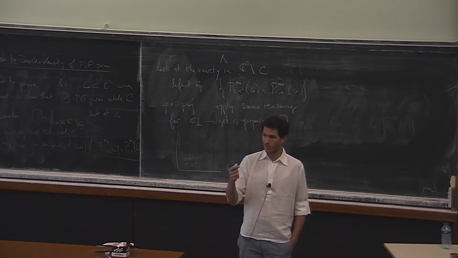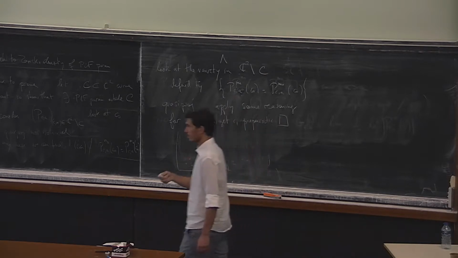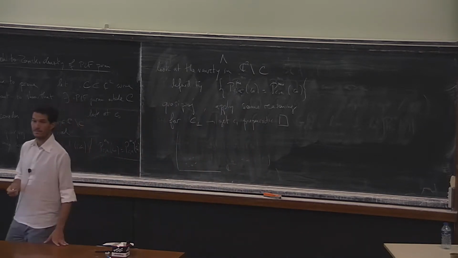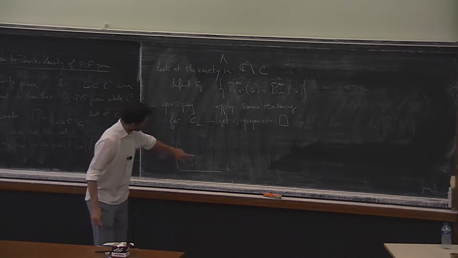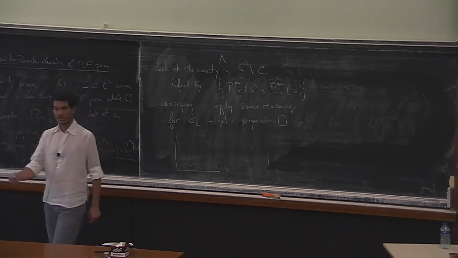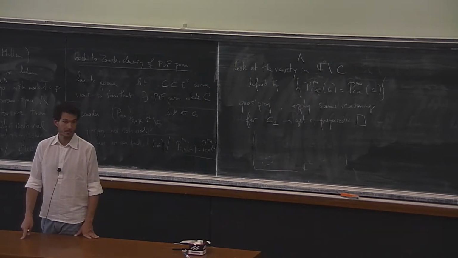So remember, the Mandelbrot set is the set of parameters where the quadratic Julia set is connected. Okay? So here you have the same kind of phenomenon. The closure of this countable set of points is the set of parameters where the Julia set is connected.